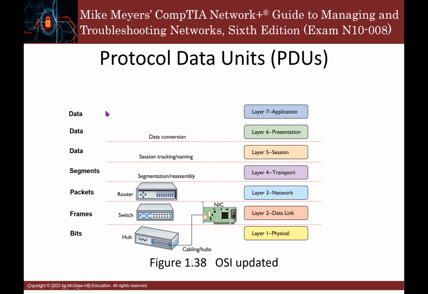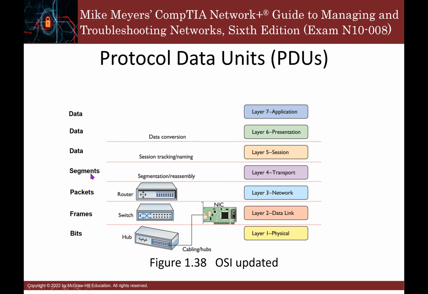So one last thing, and that is that we have terminology that we use to describe our data at each layer. We call these the protocol data units. So from the application layer, presentation layer, and session layer, it's all still called data. When we get to our transport layer, our data is referred to as segments, and this is where I'm saying we don't distinguish between segments and datagrams.